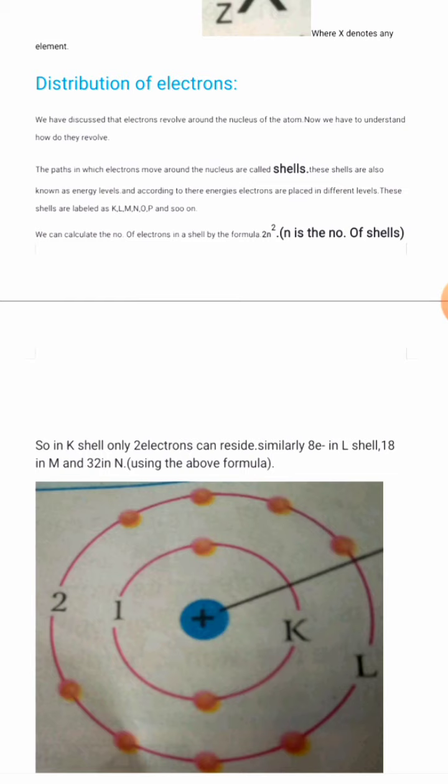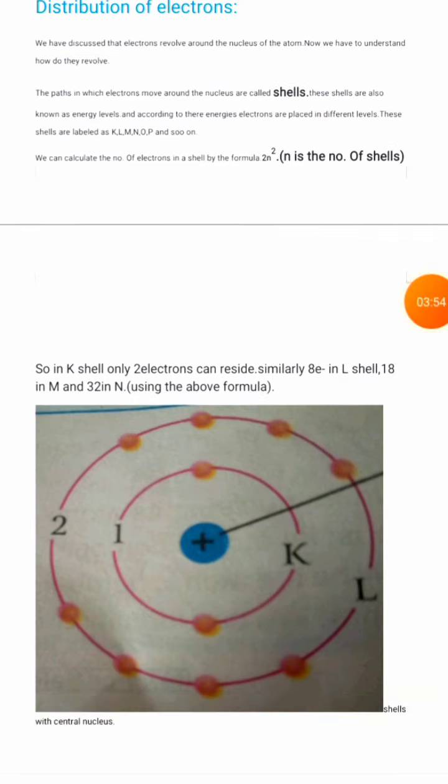These shells are labeled as K, L, M, N, O, P, Q, and so on. K is the first shell, L the second, M the third, and so on. Now, we can calculate the number of electrons in a shell by using the formula 2n², where n is the number of the shell.